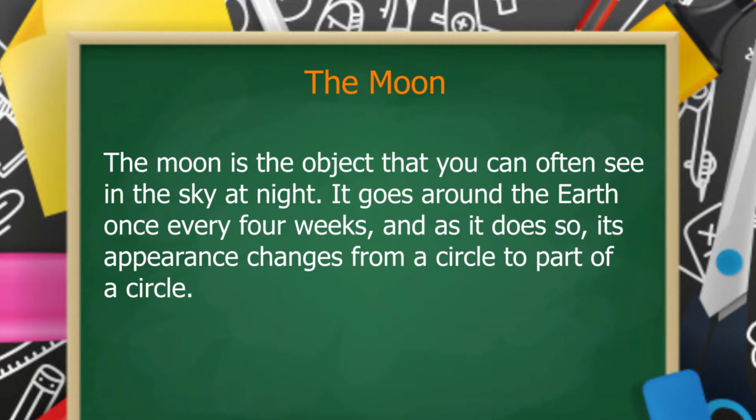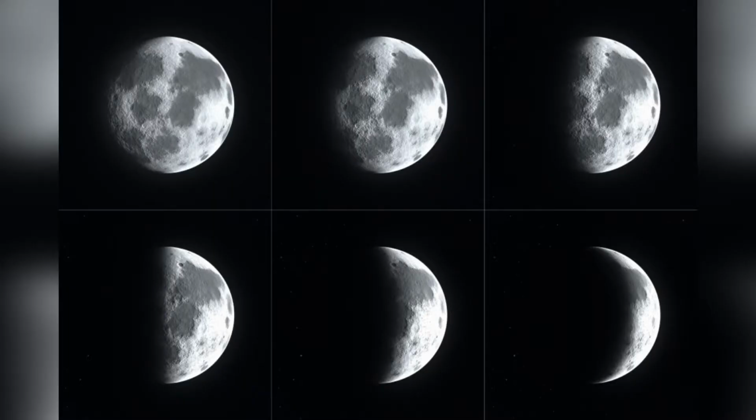And as it goes, its appearance changes from a circle to part of a circle. As the weeks go by, we see the moon change from a big round circle to a little crescent-looking moon.